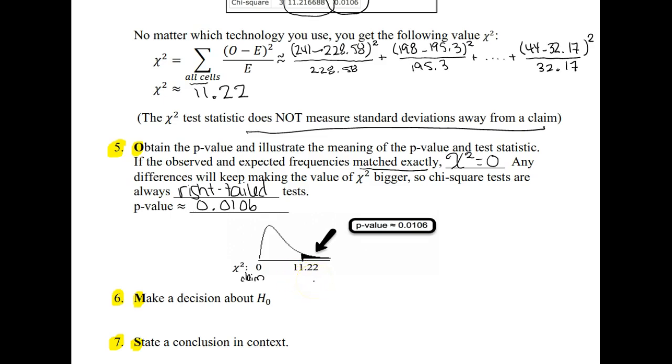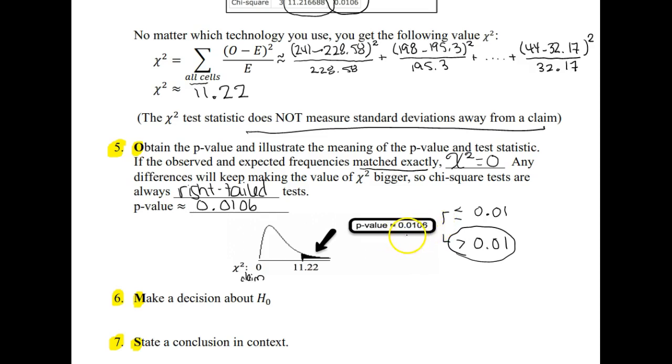All right, so that p-value, just as before, is either going to be less than or equal to alpha or greater than alpha. In this case, our alpha value was 0.01. So in this case, it's enough bigger. Okay, so that's why p-values we usually carry out to 3 or 4 decimal places.